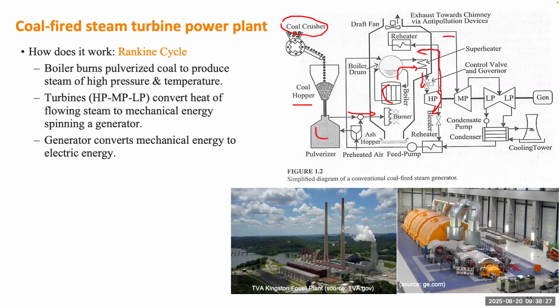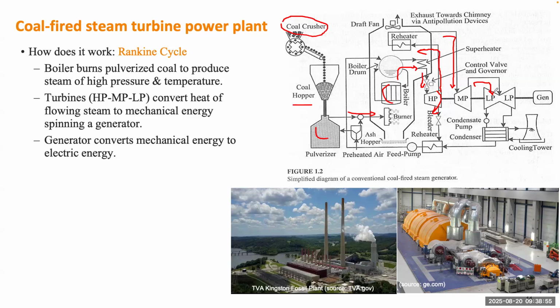It comes back. Now it's lower than the high pressure, but it can drive another turbine, which we call the medium pressure turbine. Finally, we can utilize the remaining energy carried by the steam in the low pressure turbine. So you already have three turbines all connected on the shaft of the generator.